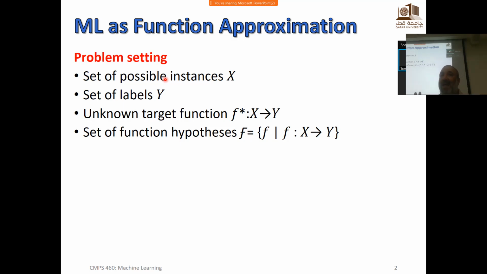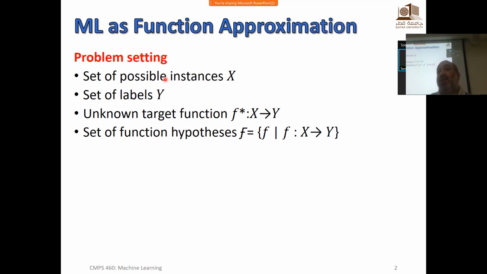So there is a target function, but we don't know it. If we know it, then we are done, right? If we know the target function that maps from the input, the instance X, to the labels Y, then we don't need to learn anything. Because that function will tell us the label for that example is 1, the label for that example is 0, and so on.